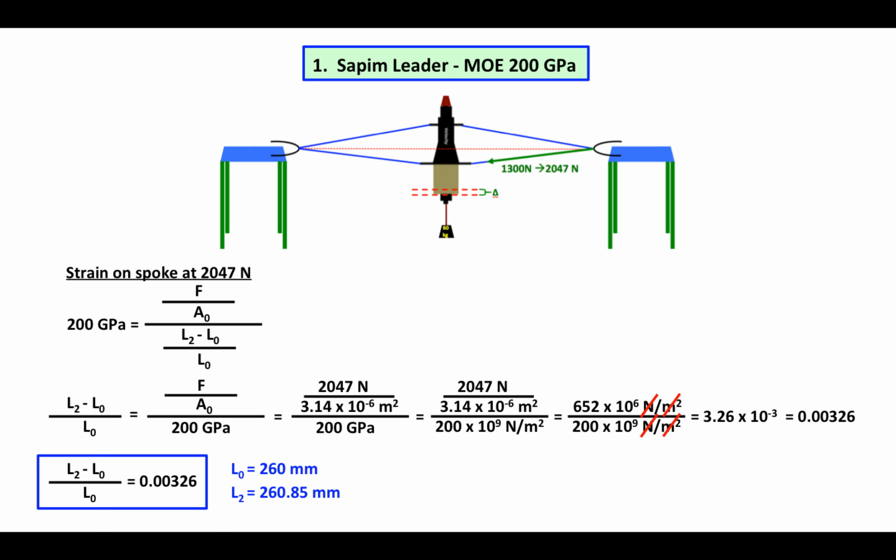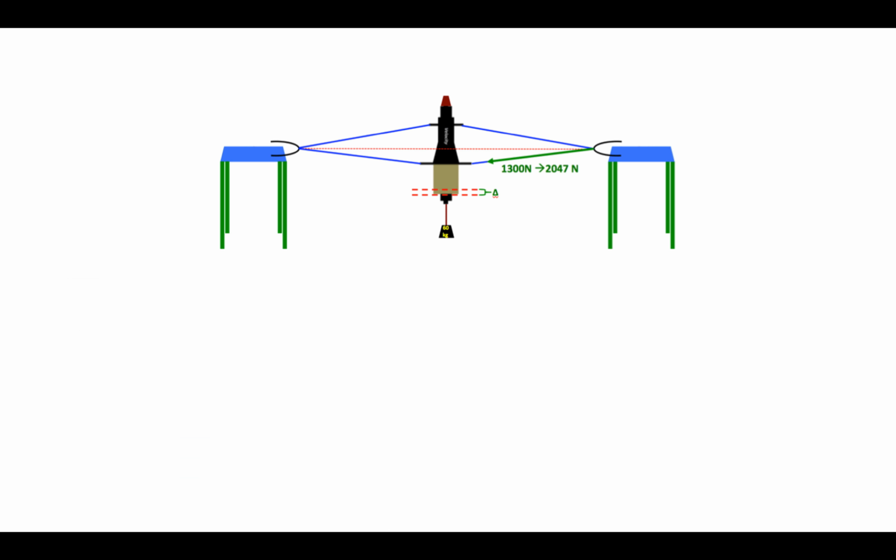At 2,047 newtons, my original 260 millimeter spoke will have stretched to 260.85 millimeters. Let's run through the same calculations with the Supreme race spoke.